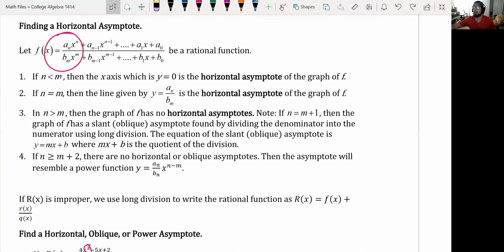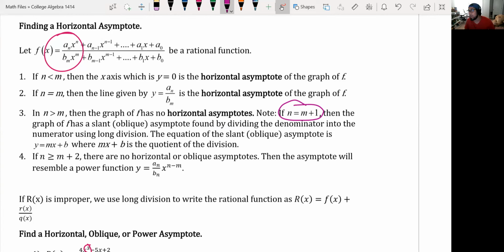Rule number 3, the hardest one of all the rules. If the degree of the numerator is bigger than the degree of the denominator, then we have no horizontal asymptotes. And the degree of the numerator must be bigger than the denominator by 1, only by 1. Then the graph of f has a slant or oblique asymptote.